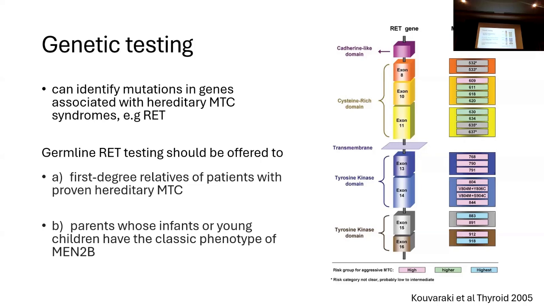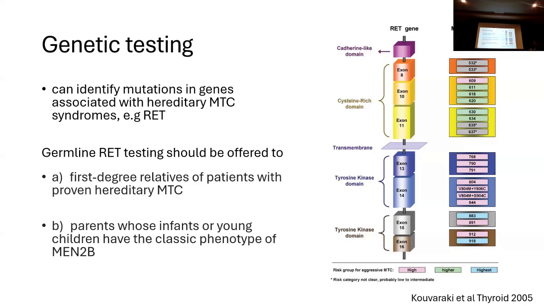There's an extracellular domain, there's a transmembrane domain, and then there's an intracellular domain. And we can appreciate mutations or changes in the DNA that can be present spanning throughout the entire receptor. There seems to be a genotype-phenotype correlation, meaning that depending on where exactly the mutation is present, we may expect different aggressiveness in the type of medullary thyroid cancer.